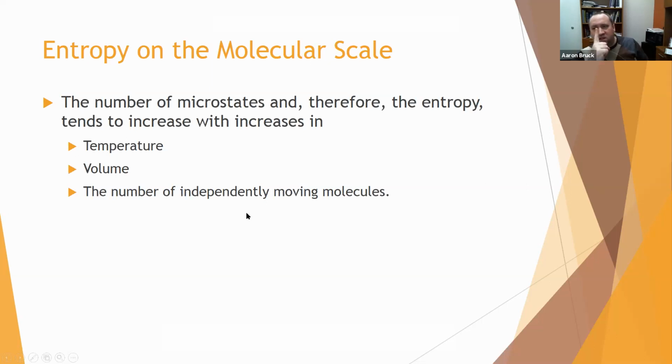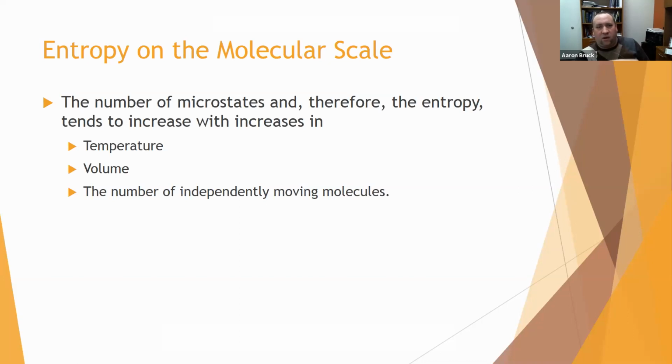When there is an increase in temperature, as we saw in the first couple of slides, increases in temperature are going to increase the translation, the vibration, and the rotation of molecules. All 3 of those modes are going to be increased. That's going to increase entropy.